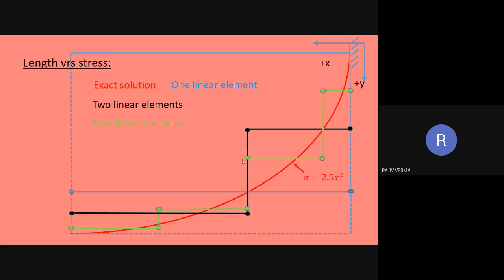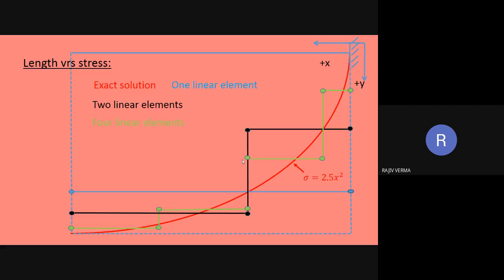The two elements are in contact at the center of the domain, which means that corresponding to the figure on display, the left hand part of the domain is subjected to a smaller stress and the right hand part is subjected to a larger stress, which obviously means that there is a stress discontinuity.